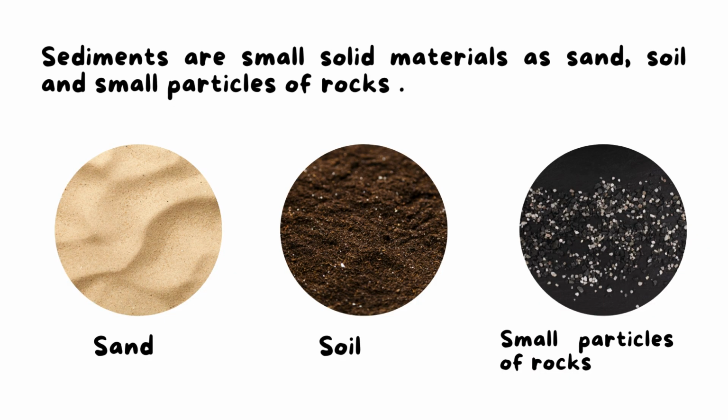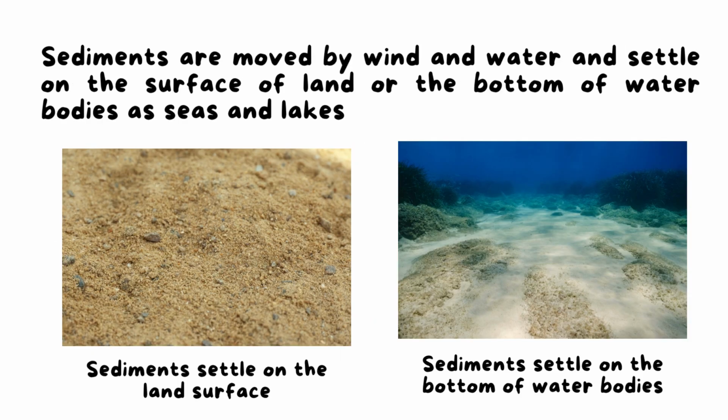So, you know the word sediments. Sediments are small, solid materials, such as sand, soil, and small particles of rocks. All of these we call sediments, okay? Sediments are moved by wind and water and settle, stopped on the surface of land or the bottom of water bodies such as seas and lakes.